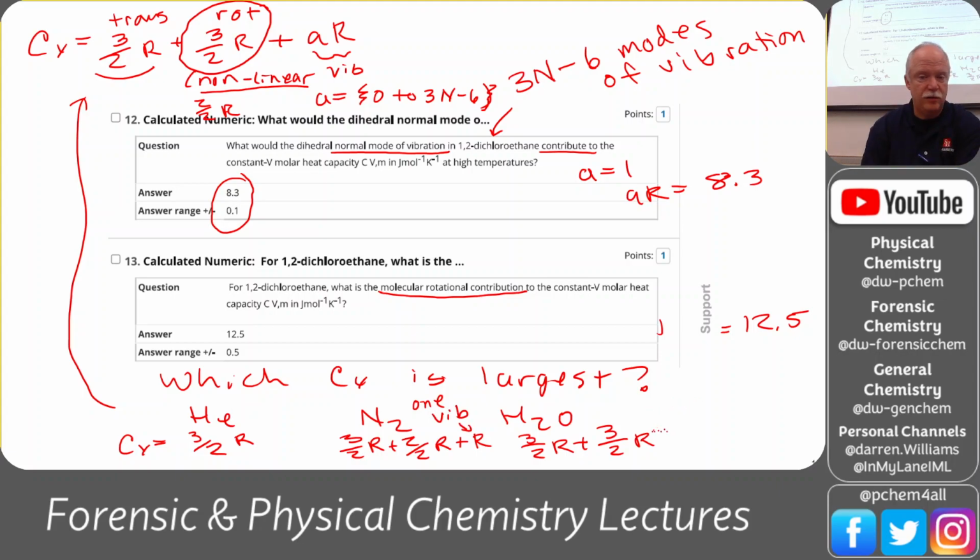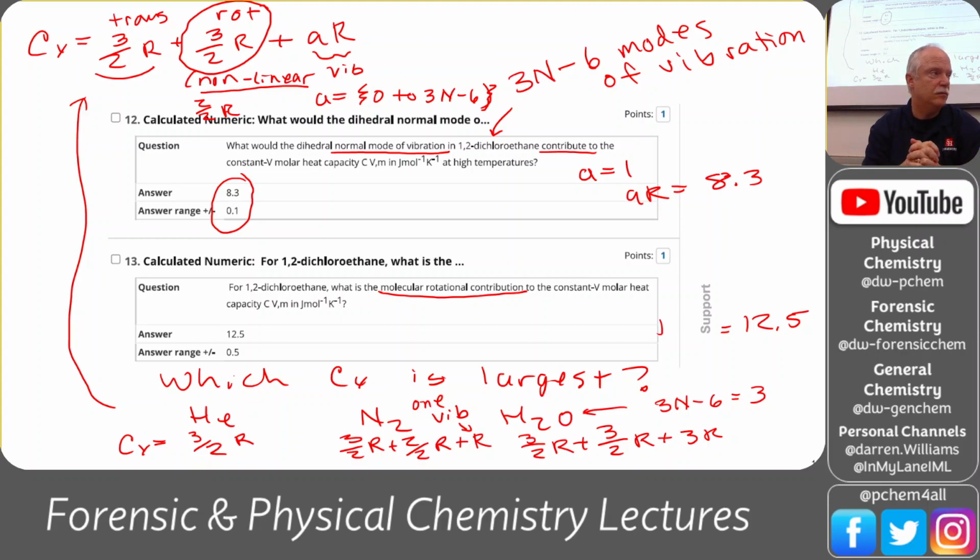But over here, how many would there be for water? We have 3n minus 6. There are 3 atoms, so 9 minus 6 is 3. So we'd have 3R for that. So even in that situation, water would be the higher one.